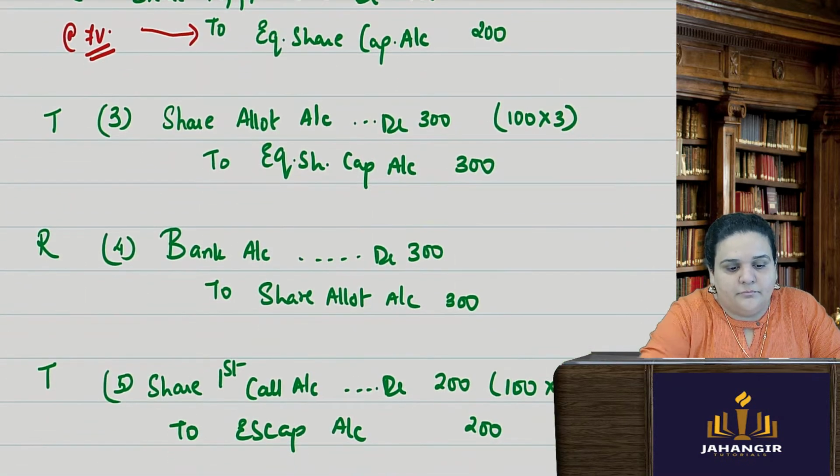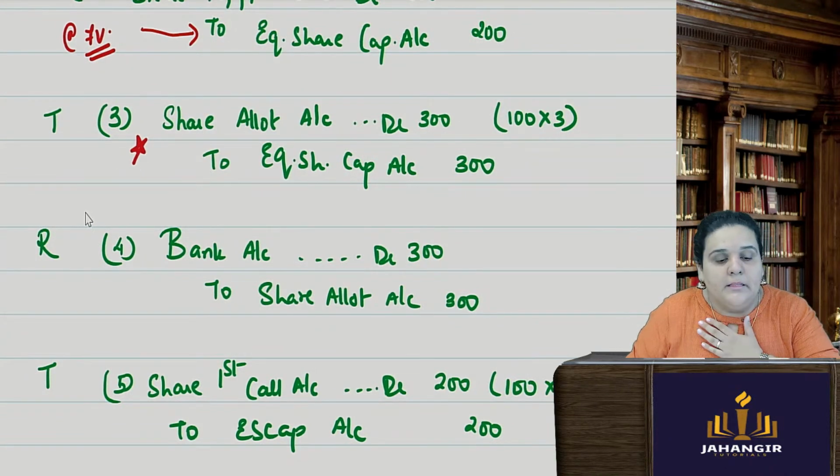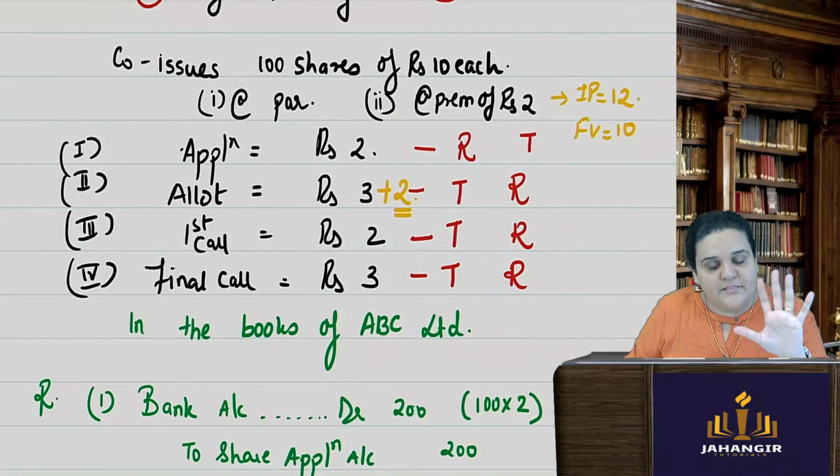Okay, so you all can see the transfer entry here of the allotment stage. So share allotment account debit, if you see the total amount on share allotment is going to be rupees 5.